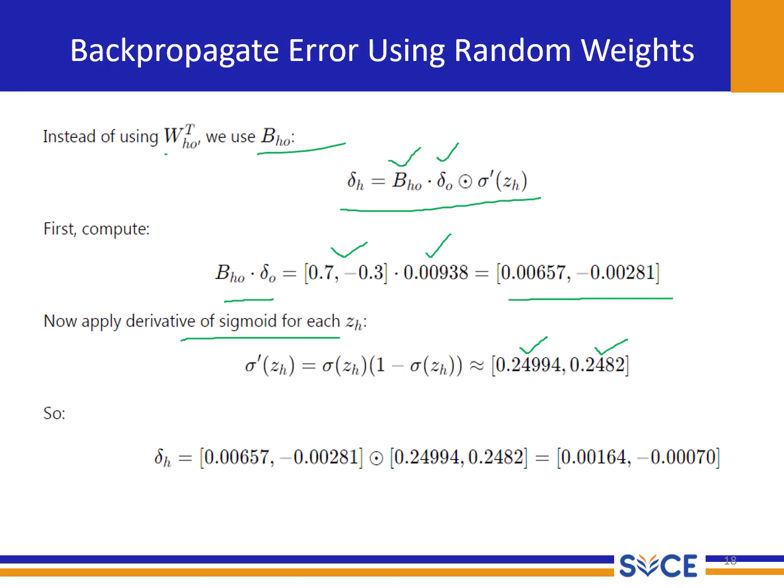Now delta H is equal to these values 0.00657 and -0.00281, multiplied with the dot product of this, and finally we are getting the values 0.00164 and -0.00070.